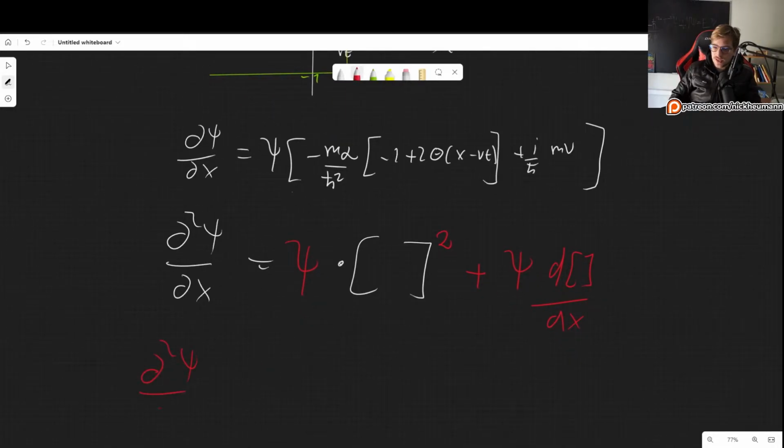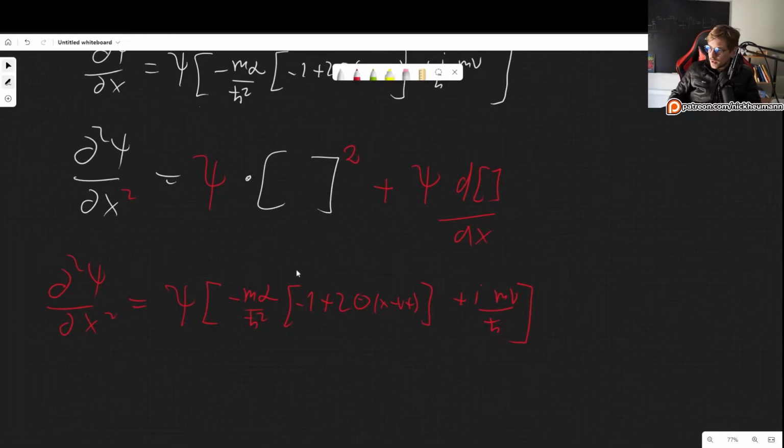So d squared ψ dx squared is ψ times this parentheses squared, so minus m alpha over h bar squared times minus 1 plus 2 theta of x minus vt, plus i m v over h bar.